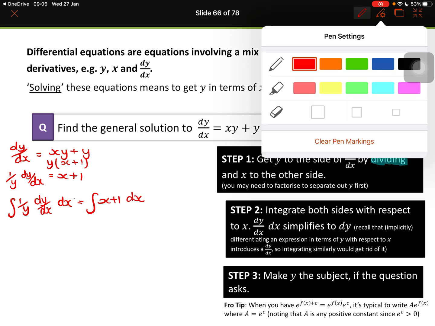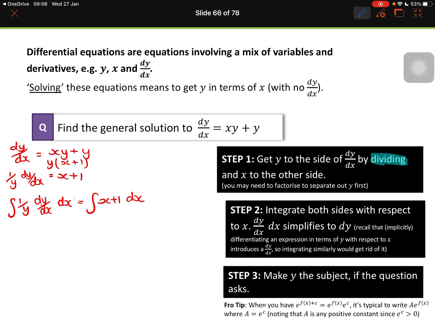Now, the reason this works really nicely for us is because these two dx's cancel each other out, a bit like with the chain rule. So what I've actually got on the left-hand side is I'm integrating 1 over y with respect to y. On the right-hand side, I'm integrating x plus 1 with respect to x. So integrating gets rid of them all. Okay, so I can integrate both parts.